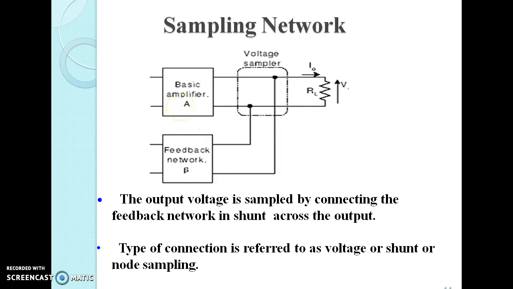Sampling network: the output voltage is sampled by connecting the feedback network in shunt across the output. So this type of connection is referred to as voltage or shunt or node sampling.